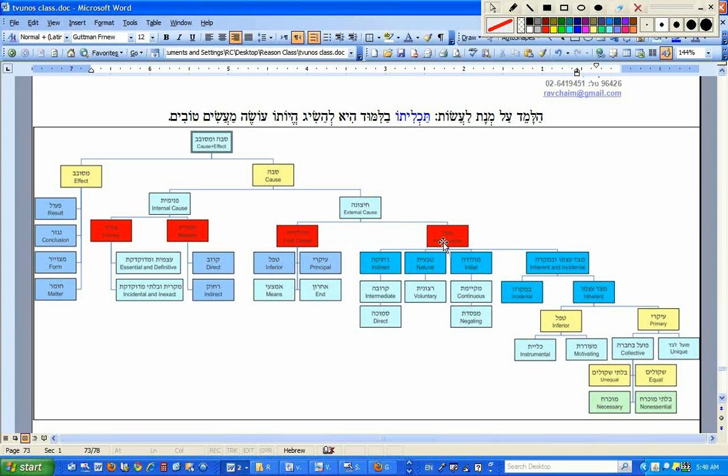The poel, the person who does it, the siba poelis, as we said, he's the human that creates it. That's an external cause. He's not the thing itself. He's outside it and produces it. And the tachlis is the goal that the siba poelis, the person who's doing it, is doing it for. He may be doing it because he needs to hold some wine or some water.